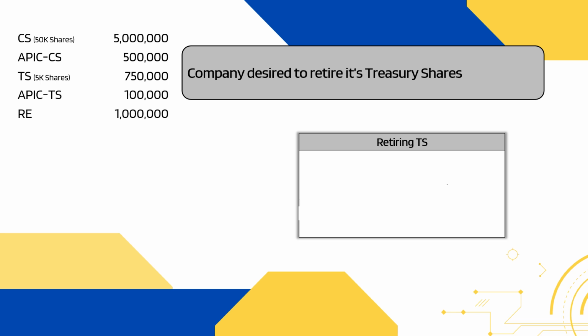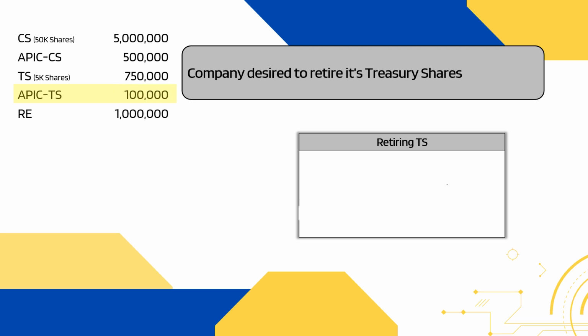And then meron kang share premium of 100,000, and then may RE ka of 1 million. Now, the thing is, for this particular example, you want to retire the 750,000. You want to officially lessen your common stock by 5,000 shares. Right? So how do you do it?